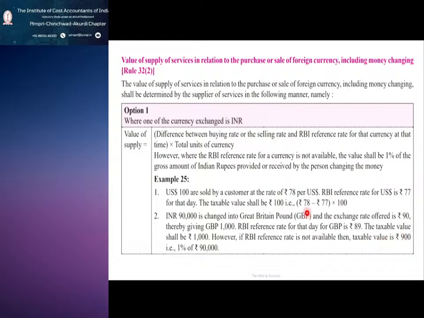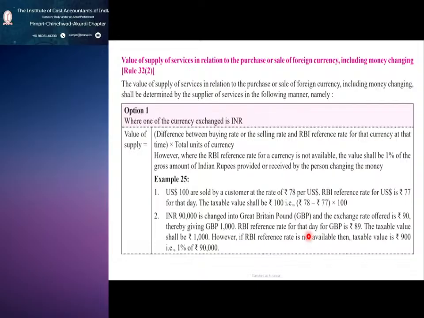The taxable value shall be 1000, and if the RBI reference rate is not available, in that scenario 1%. In this example you are seeing two things. One is when the RBI reference rate is applicable, what is your taxable value of supply? If the RBI reference rate is not there, then what is the taxable value of supply?